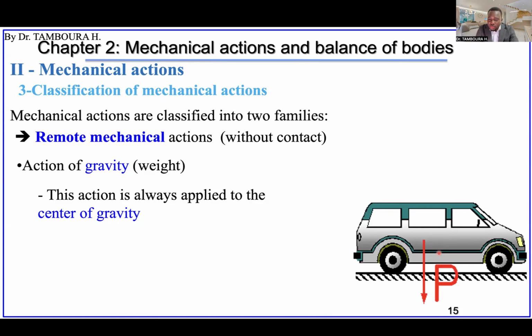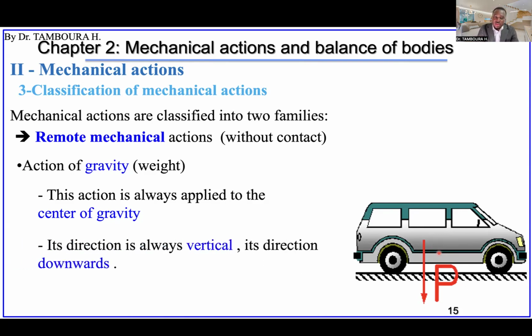So you have to know that for the weight, P is applied always at the center of gravity, and the direction is always vertical, and it is always downward. That is for the case of weight.